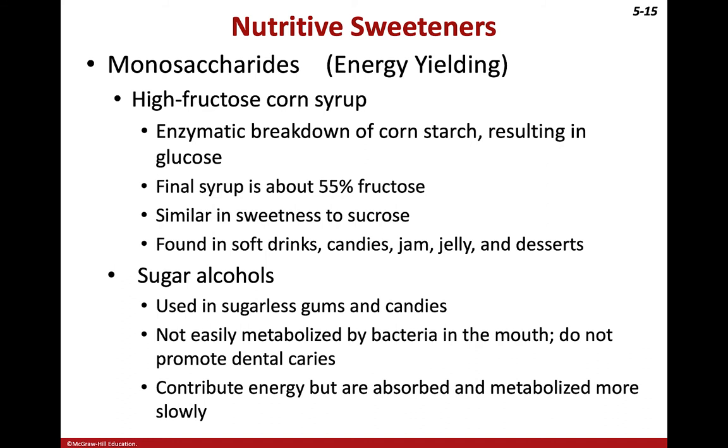One of the reasons we see xylitol and other sugar alcohols in sugarless candies and gums is that they're not easily metabolized by the bacteria in our mouth, so these do not promote dental caries. There is energy associated with them, but they are absorbed and metabolized relatively slowly.